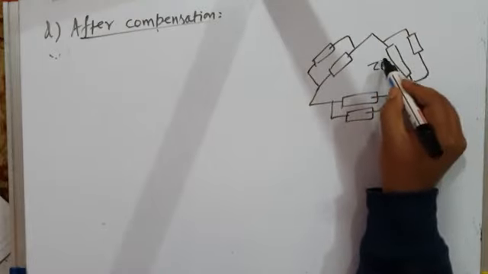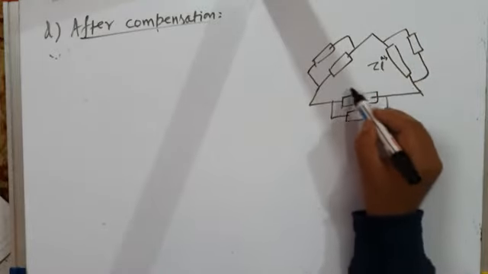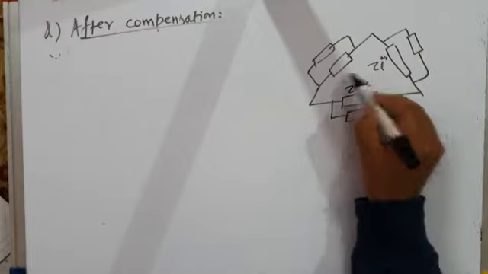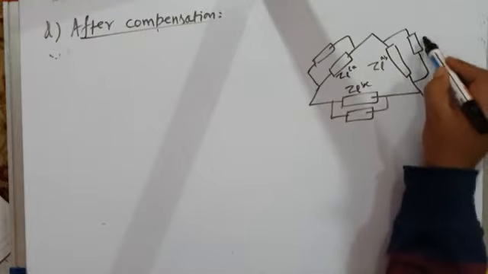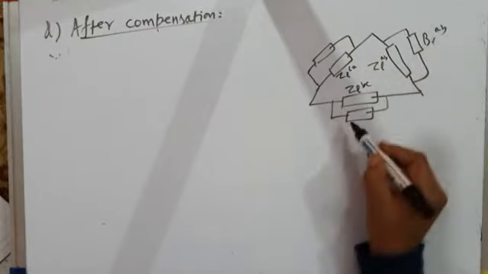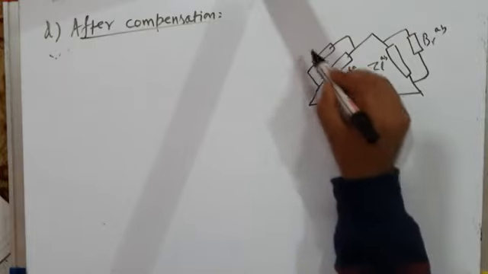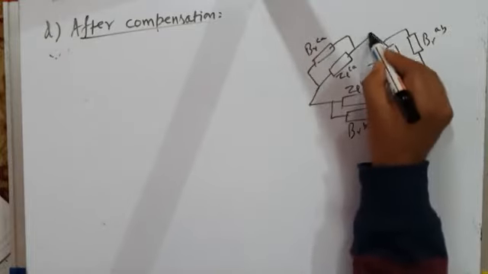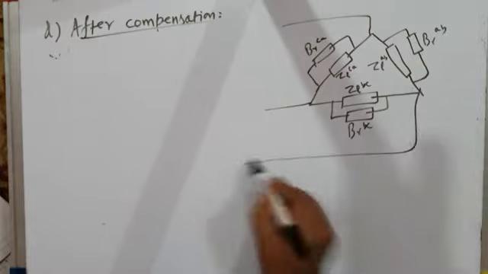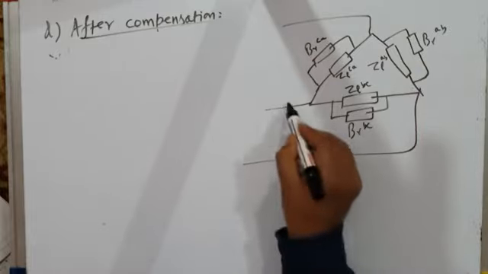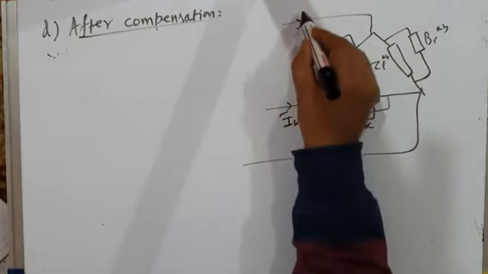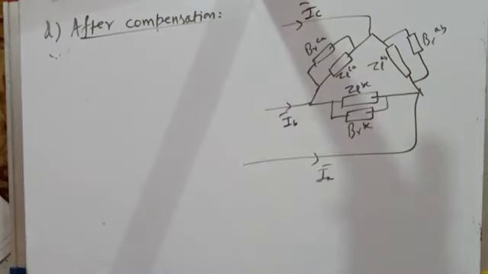This is ZL AB, this is ZL BC, this is ZL CA, this is B gamma AB, this is B gamma BC, and this is B gamma CA. These are line currents. This is IA, IB, and this is IC. Okay, so what you have to find? You have to find the line currents.